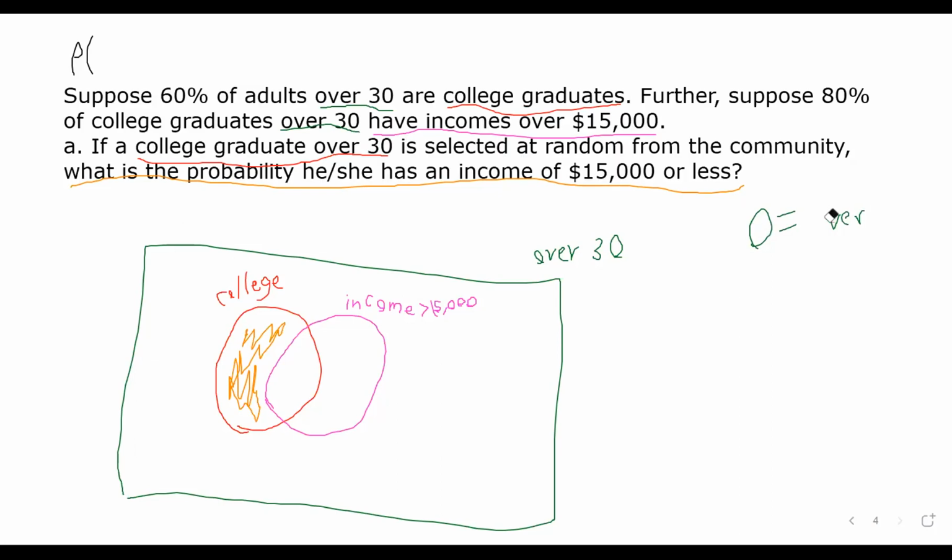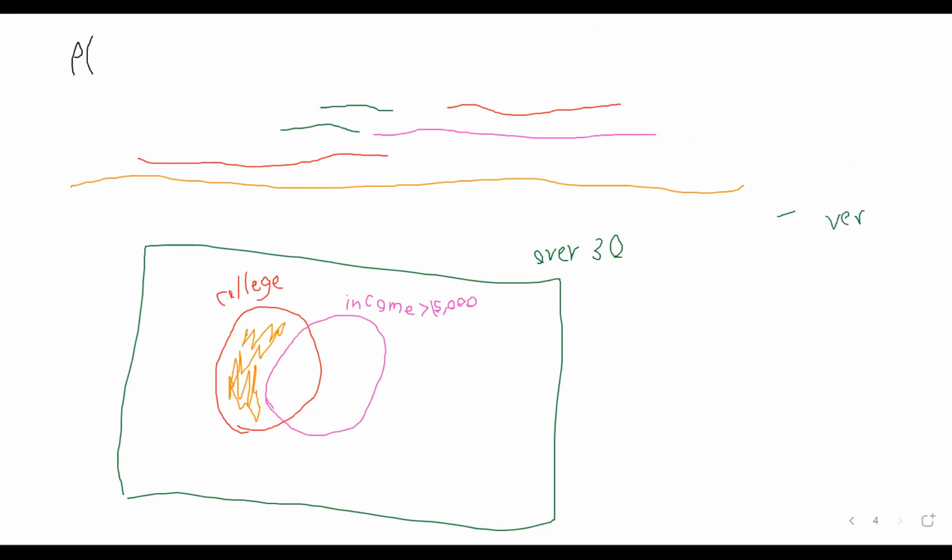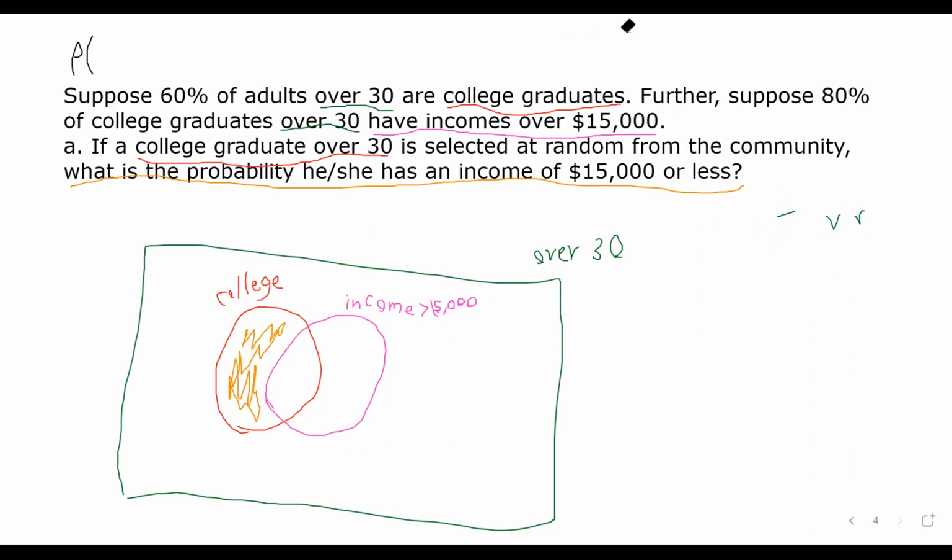For the red one, the college graduates, let's call this C. Event C is the event someone's a college graduate. And then the pink one I'm going to call I, for incomes greater than 15,000.